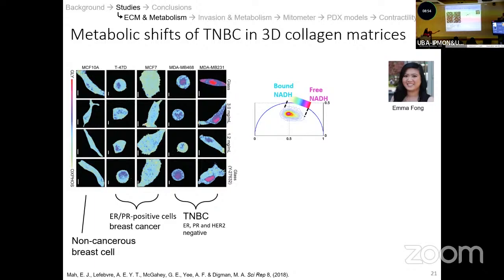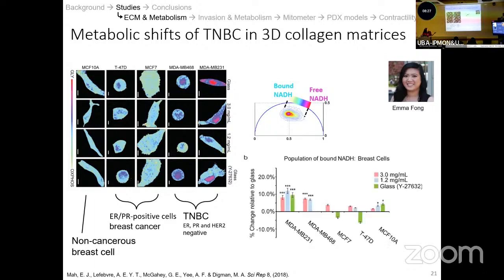And if we use an inhibitor, this is a Y27632 inhibitor that downregulates the tension of myosin 2. That means the cells are no longer in tension. They can't sense the ECM stiffness. You see that their metabolism is pretty much the same as on the soft material.